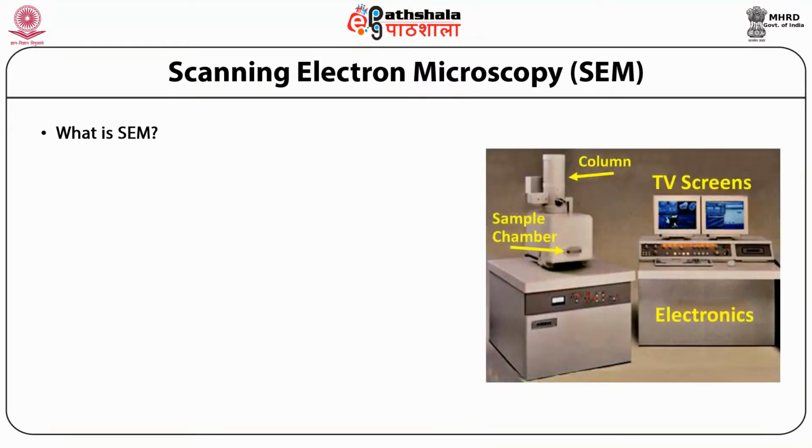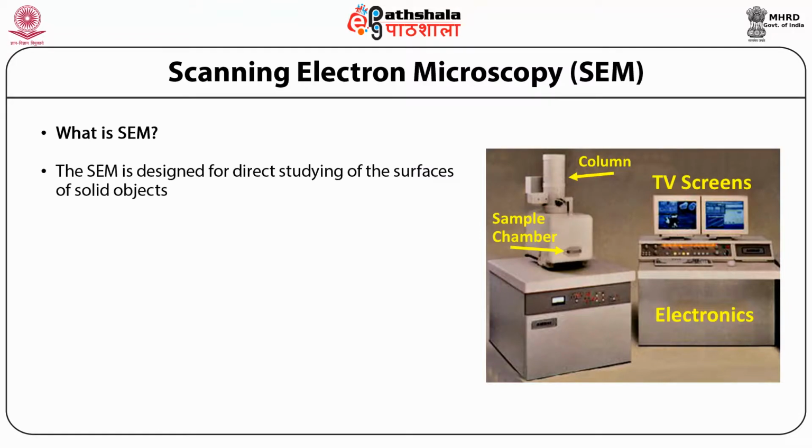Now let us start with what is SEM. As evident from this figure, SEM consists of a sample chamber, a column, and a TV screen which is interfaced with our system, and SEM is designed for direct study of the surfaces of solid objects.